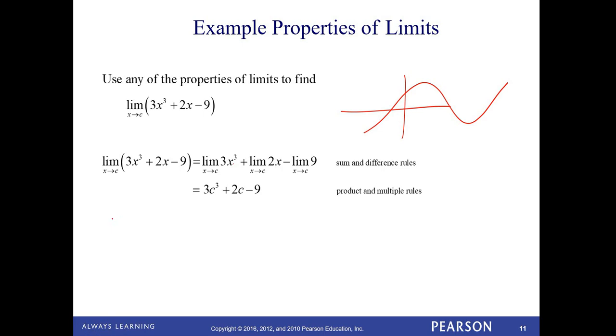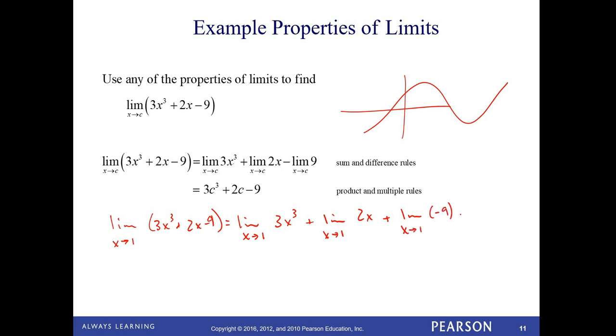And we could do that with a number. So let's say we want the limit as x approaches 1 of 3x cubed, plus the limit as x approaches 1 of 2x, plus the limit as x approaches 1 of negative 9.